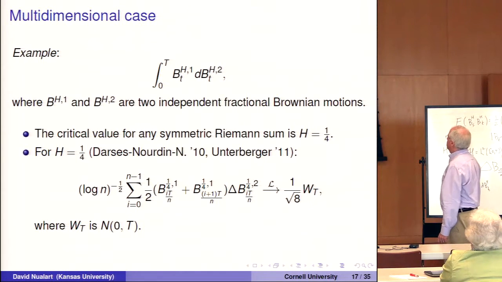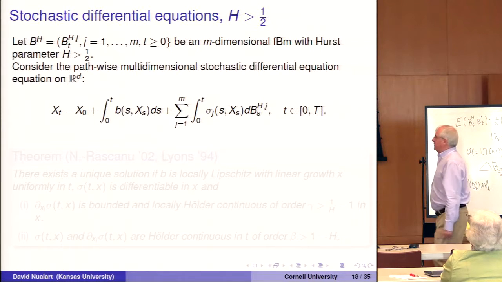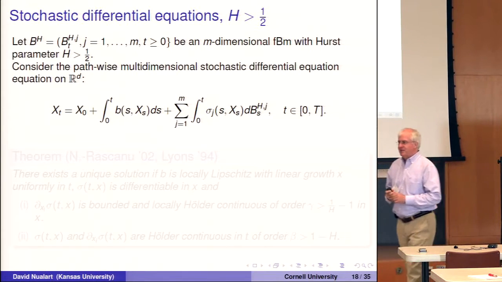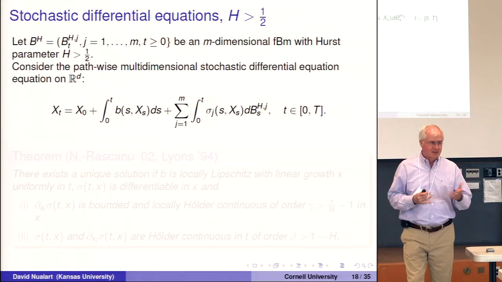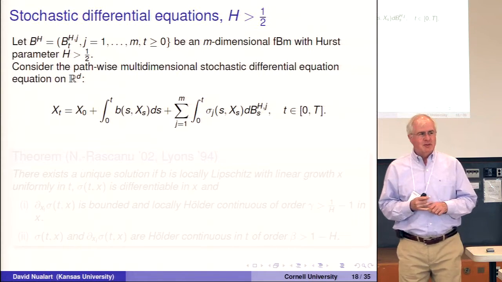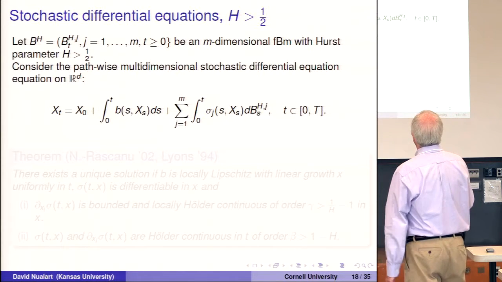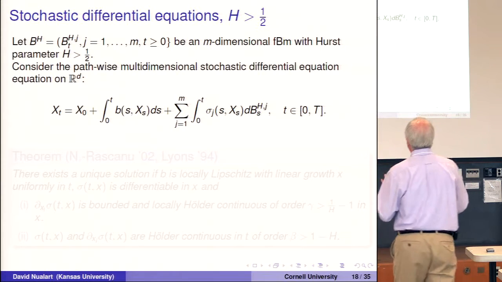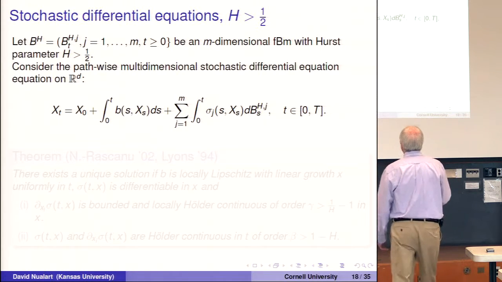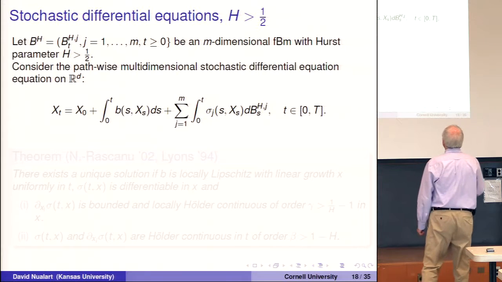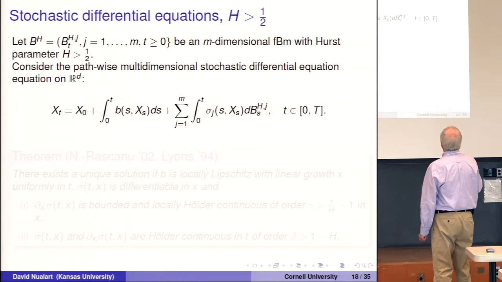Okay. Now I'm moving to the second part of my talk, which is related to the title, numerical schemes for fractional diffusions. I'm going to consider only the case H bigger than 1/2, and consider a stochastic differential equation driven by a multidimensional fractional Brownian motion.